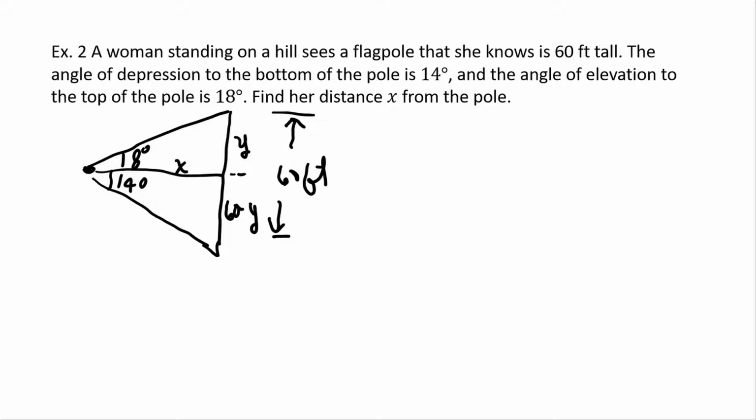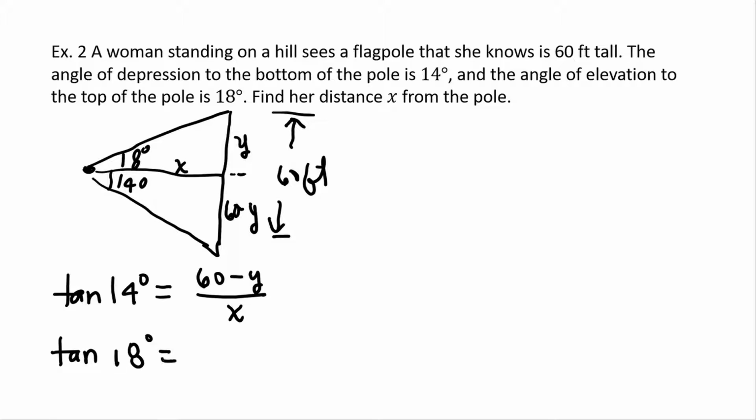So let's use some trig identities. We know then that the tangent of 14 degrees, which is going to be opposite over adjacent, will be 60 minus y over x, and the tangent of 18 degrees, also opposite over adjacent, will be y over x. Let's isolate the y in both of the equations.